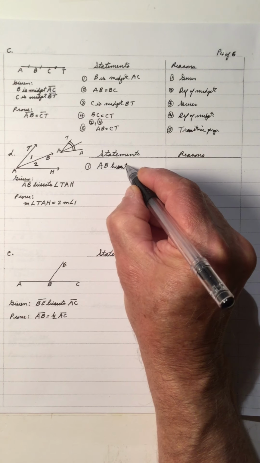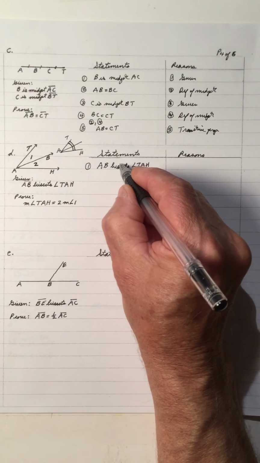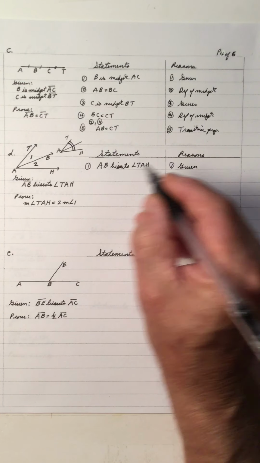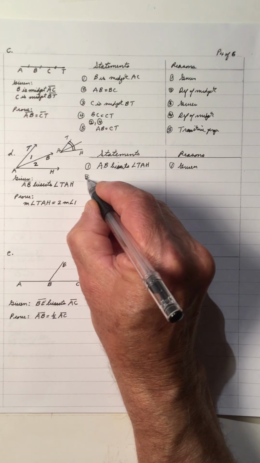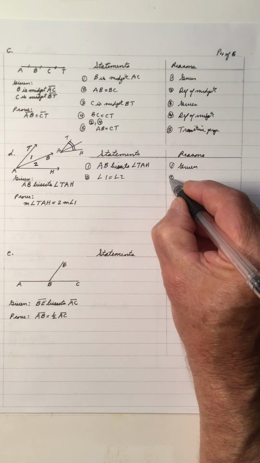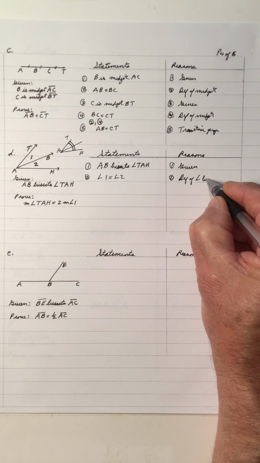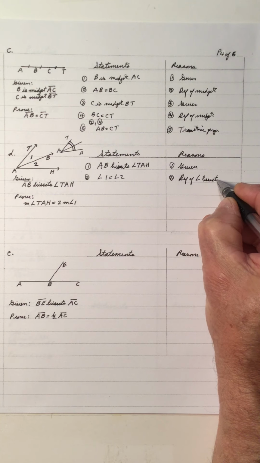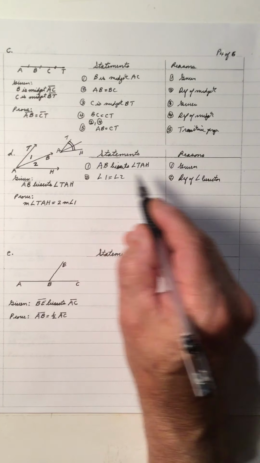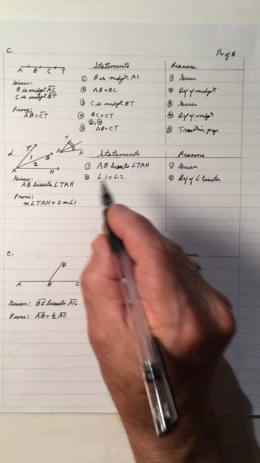So we bisect angle TAH. That's a given. So that means if I bisect, angle 1 is equal to angle 2, definition of an angle bisector, because you're bisecting an angle, we say angle bisector. If we're bisecting a segment, we would say segment bisector.